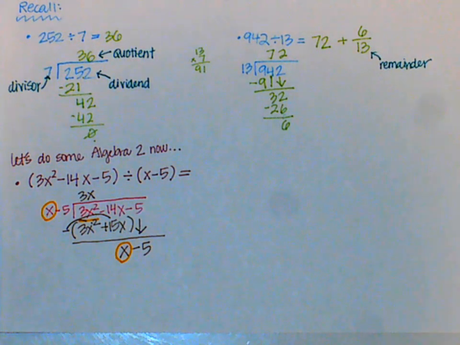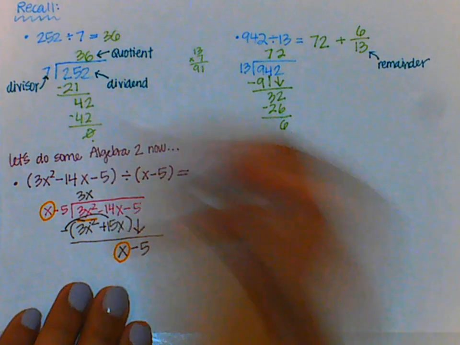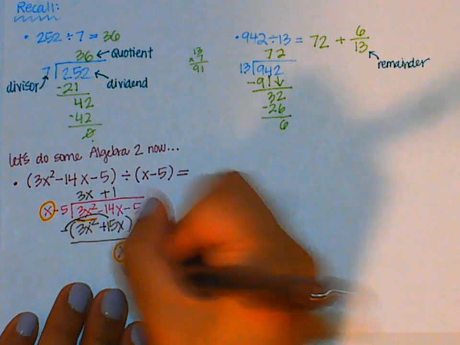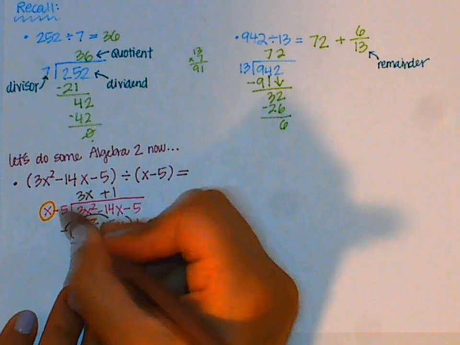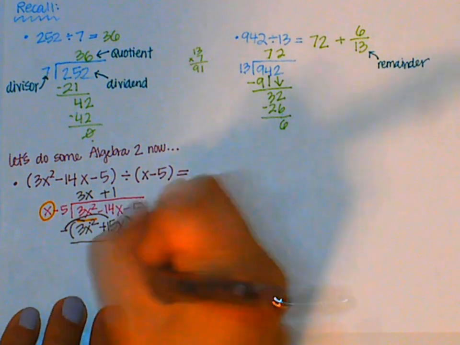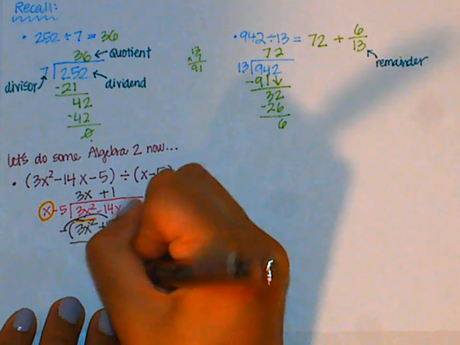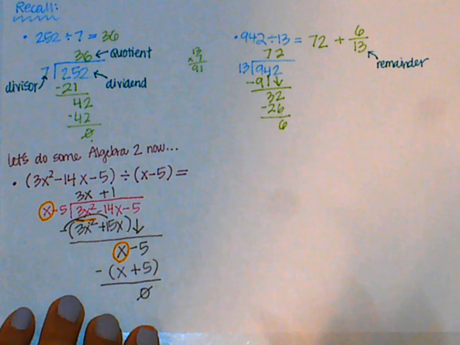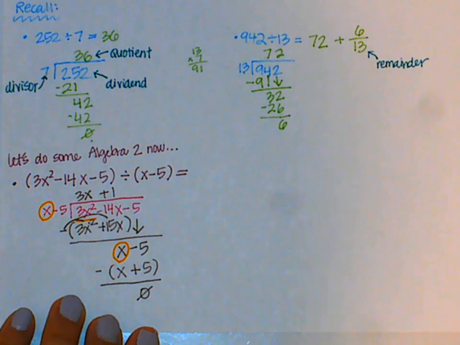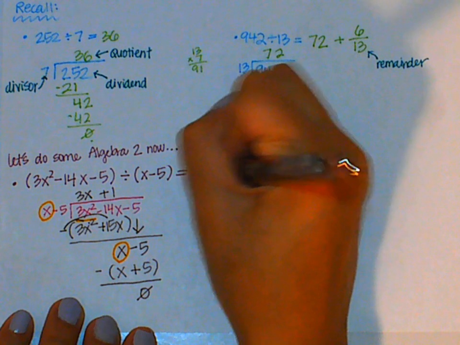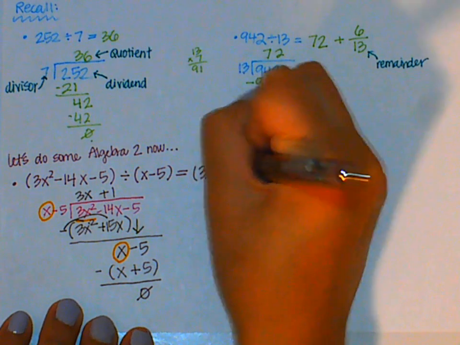How many times does x go into x? One time. So 1 times x is x. 1 times minus 5 gives me minus 5. I subtract, which would turn this into an addition, and I would have 0 remainder. So my quotient, my answer would be 3x plus 1.